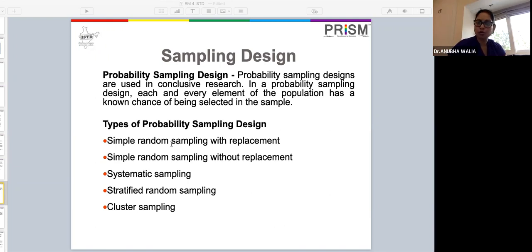Now, probability sampling is majorly known for its random sampling or chance sampling. Okay, and in this, the sample, as I mentioned, is taken in such a manner that each and every unit of the population has an equal and a positive chance of being selected. So that's why the unit becomes very, very important.